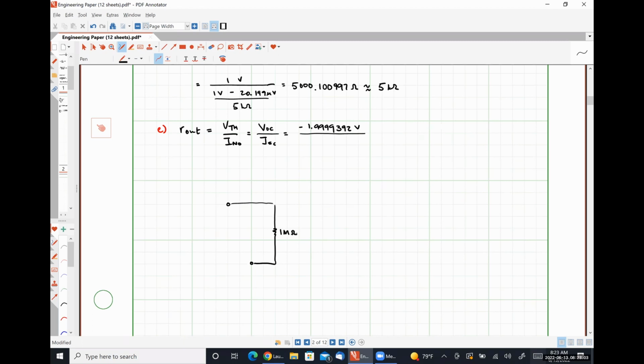Here's our 1 mega ohm resistance from our op amp, our differential voltage VD, and the 5 times VD. Our 100 ohms of output resistance for the op amp itself.